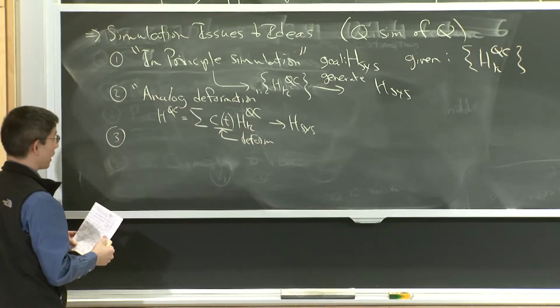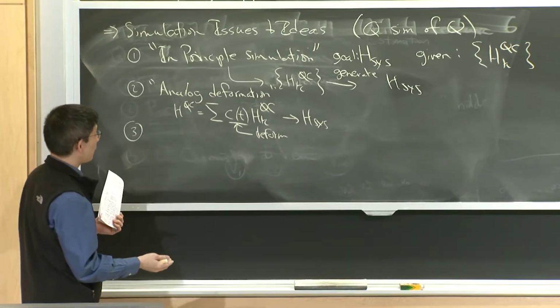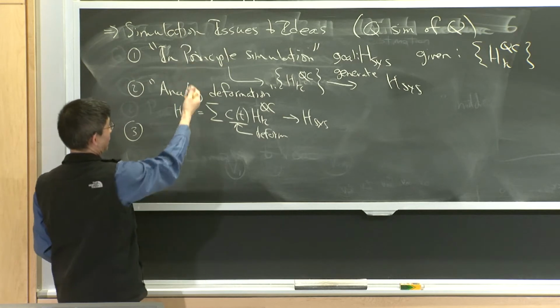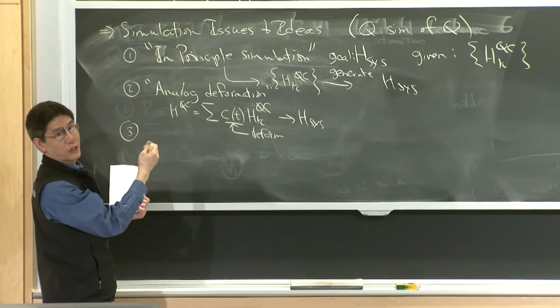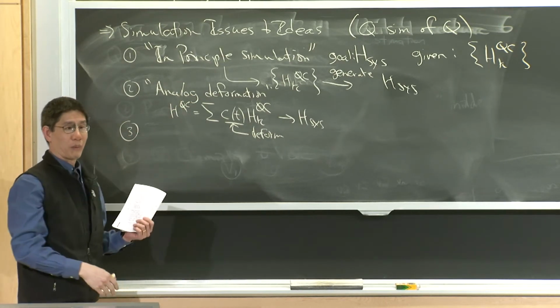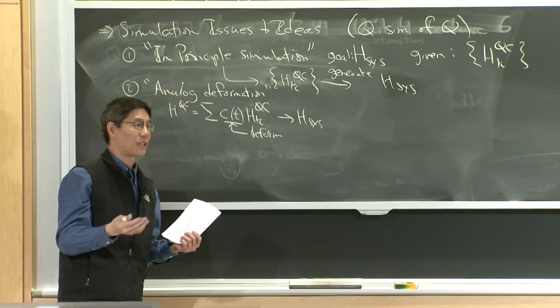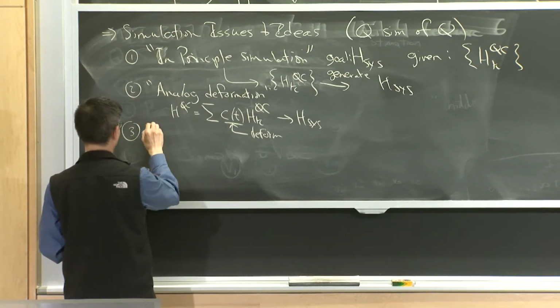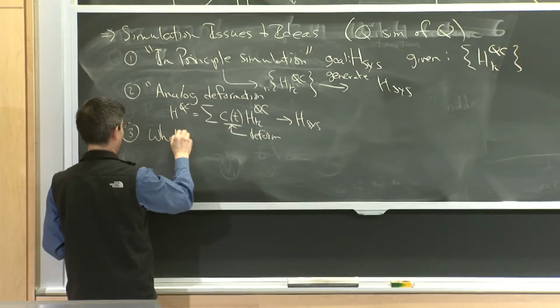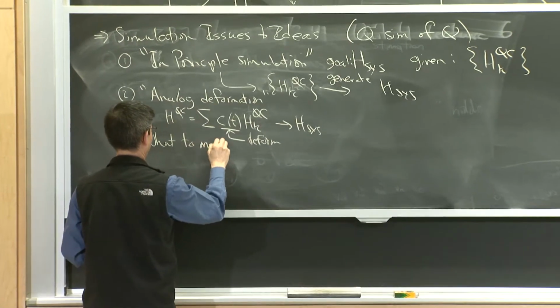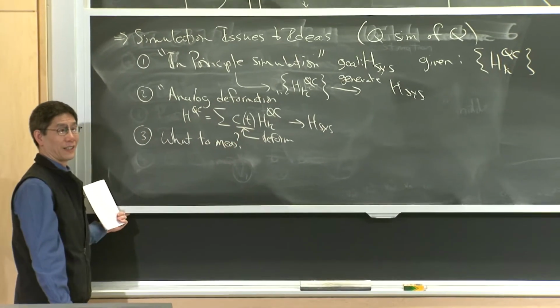Here's another idea and challenge, though. Even if you can simulate, so this is in principle one method by which you can simulate, you're still faced by a rather annoying and pressing challenge question, which is what to measure.